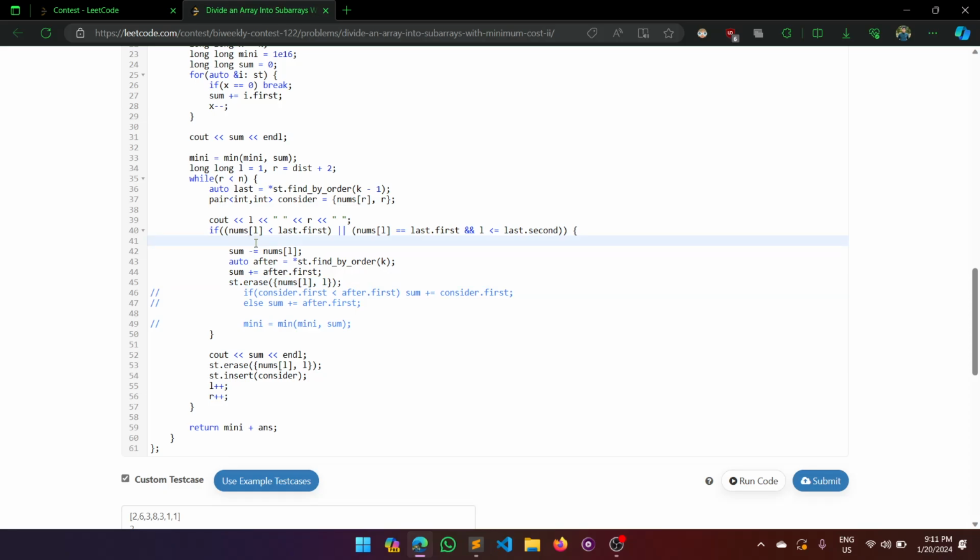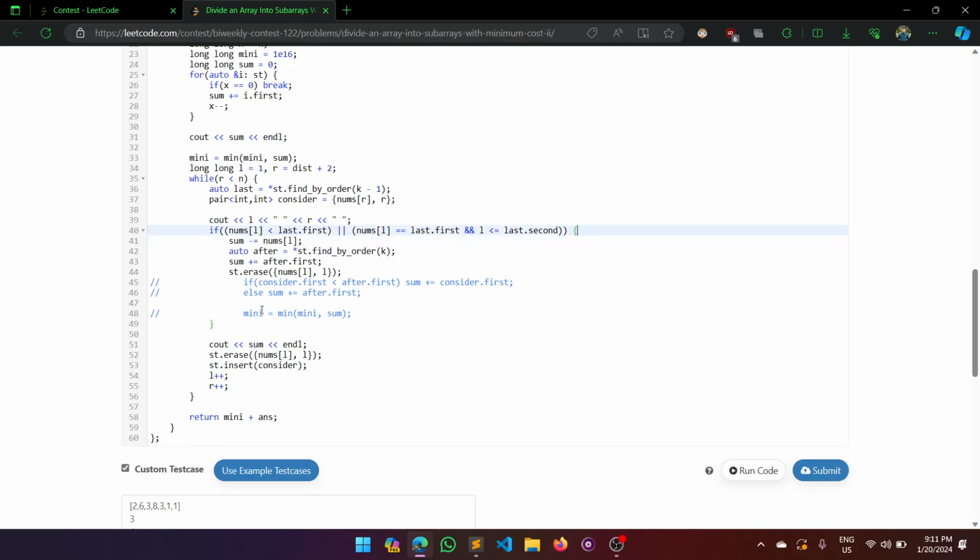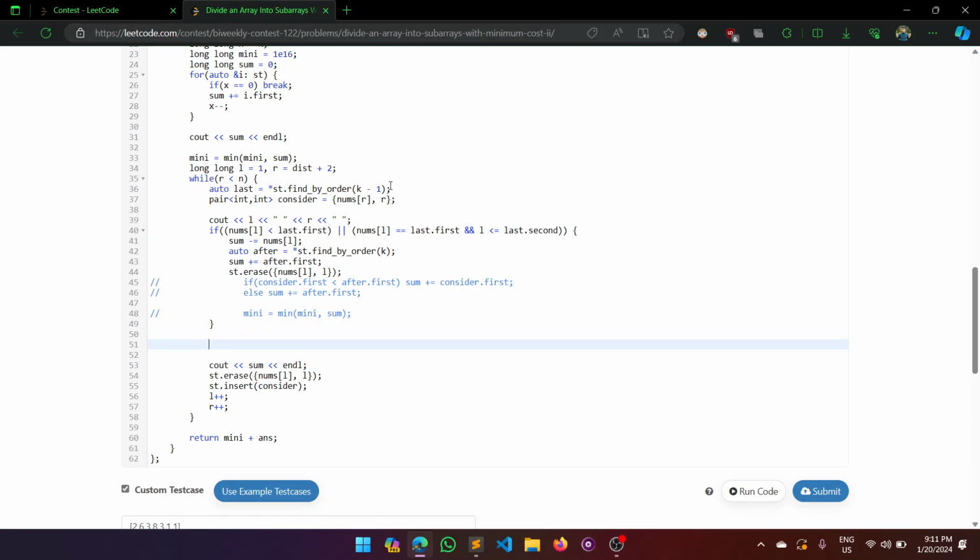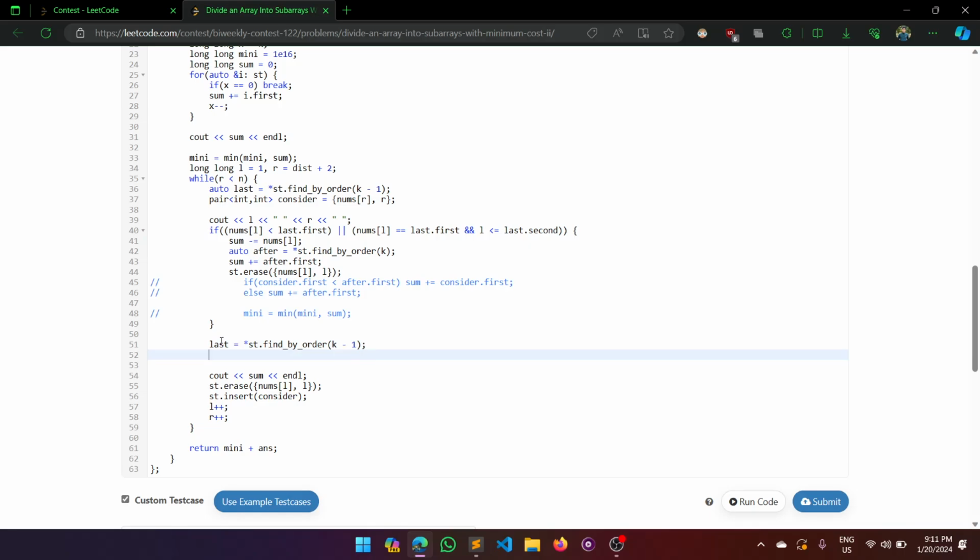Yeah, that doesn't make sense, right? Yeah, cool. Now we can have the last element. Last again. Now we can check for the consider element.